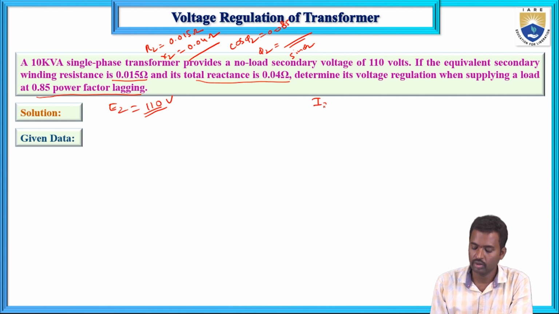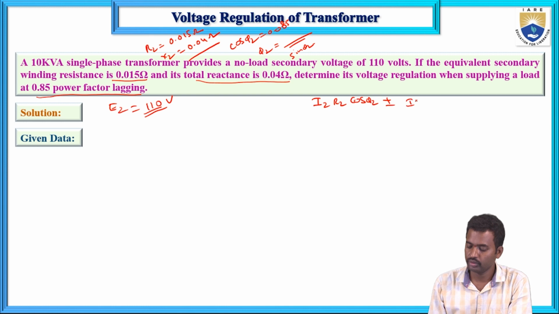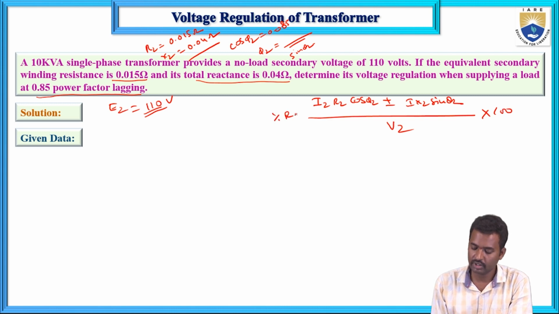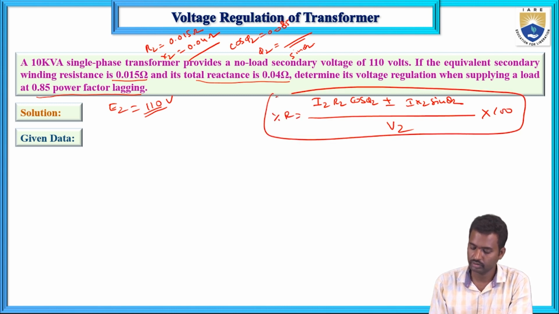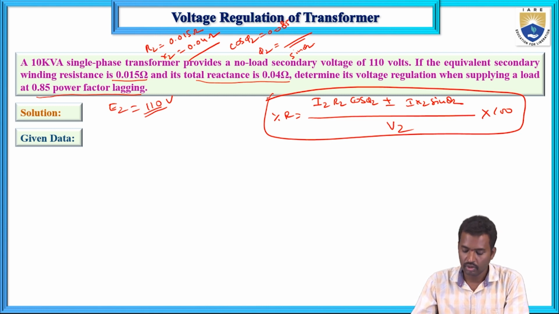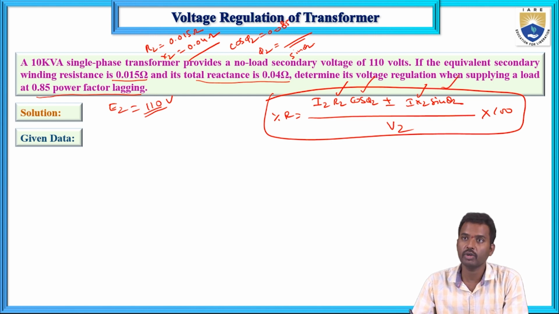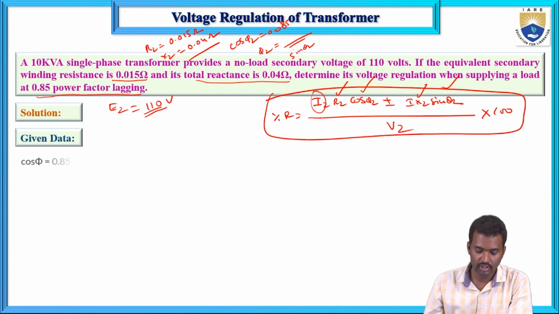I2 R2 cos phi 2 plus or minus I2 X2 sin phi 2, divided by V2, into 100, is the percentage regulation. Now R2 is okay and V2 is okay. Cos phi 2 value is given. From this cos phi 2 we determine sin phi 2, and next the I2 value can be calculated.